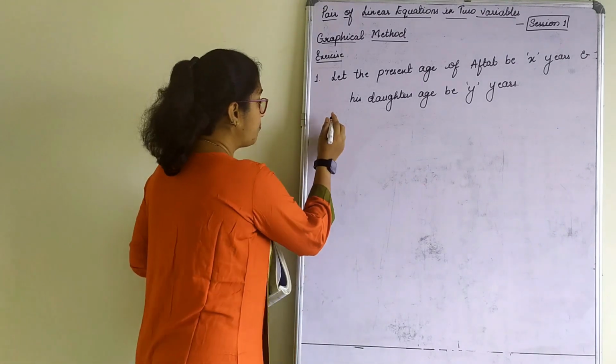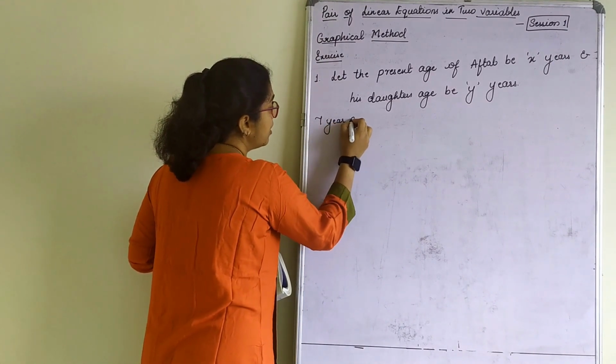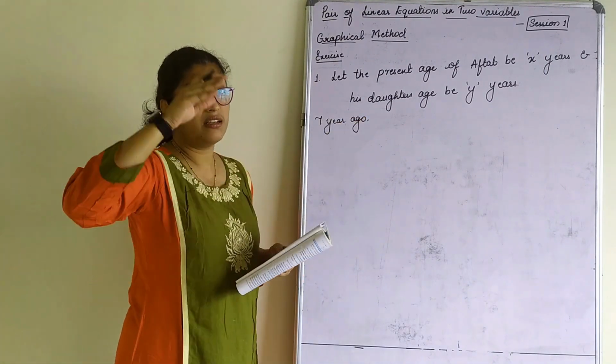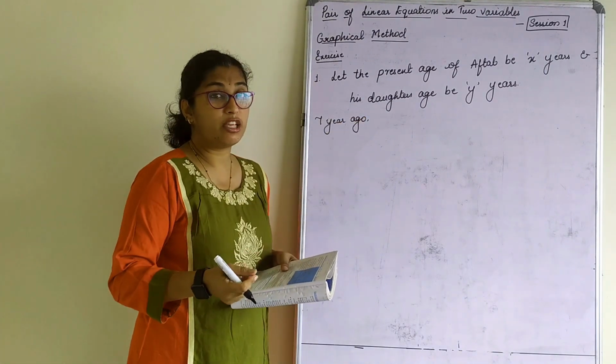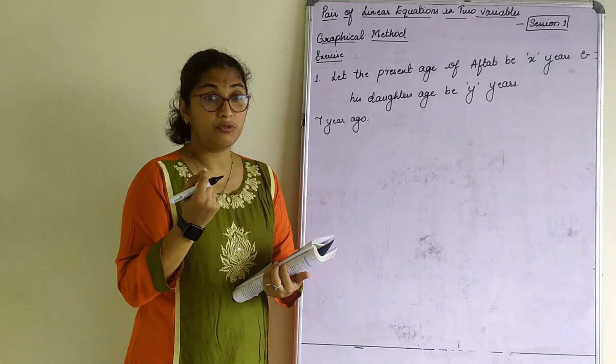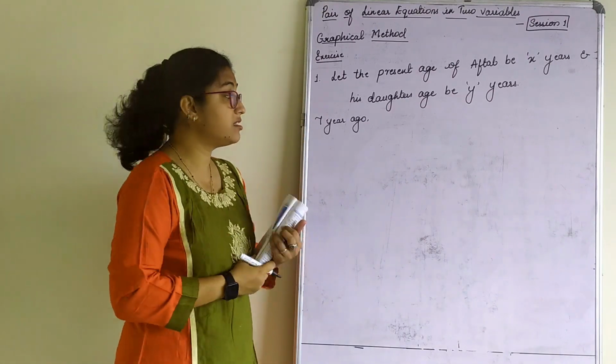7 years ago, right here. Now 7 years ago, that means now if I tell you your present age is 15, 3 years ago, what will you do? 15 minus 3 you do, right? With the present age. So present age is x, 7 years ago.